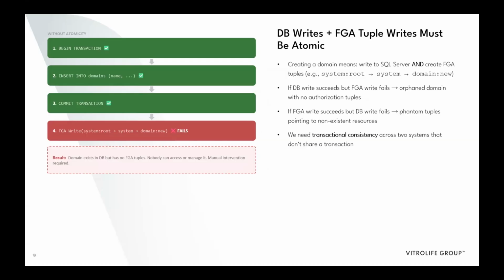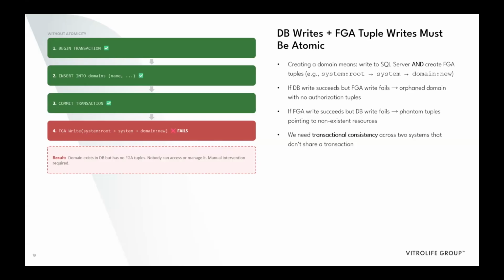In our case, we create a landing zone, and that landing zone should have a parent platform, as an example. And our problem was that we had these atomic operations for the database. We had our transaction, but we could get stuck in a situation where either the database operation failed and we had something in OpenFGA, or the other way around.